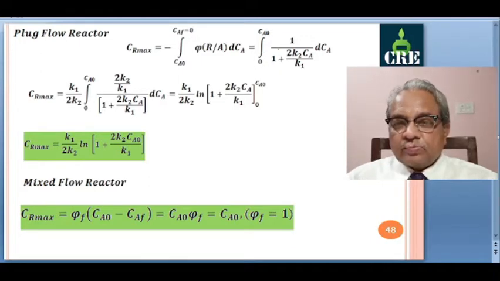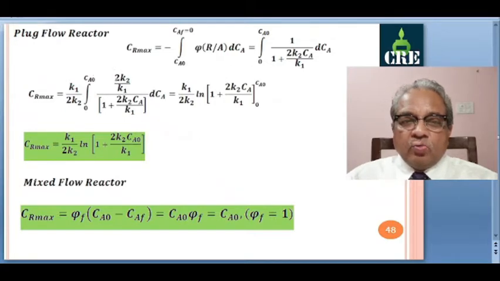To solve this, I will set the numerator to be the derivative of the denominator, then our integration is log of denominator. What will be the derivative of this? 2K2 by K1, so I want 2K2 by K1 in the numerator.